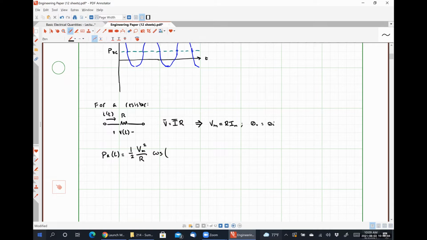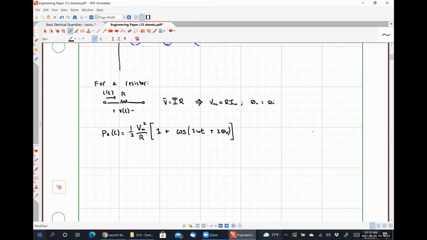So since theta V and theta I are identical quantities, cosine of 0 gives us 1. So we're just going to have that term. So what I'm actually going to do here is I'm going to have that 1/2 Vm squared over R times 1 plus, and now I'm going to have my second term, twice omega t plus twice theta V.